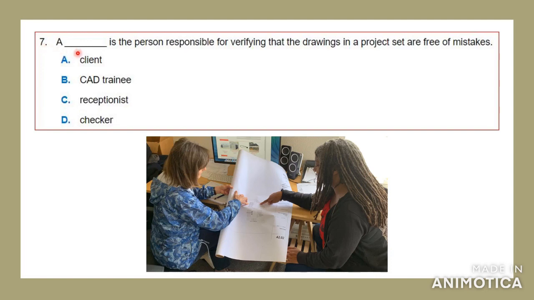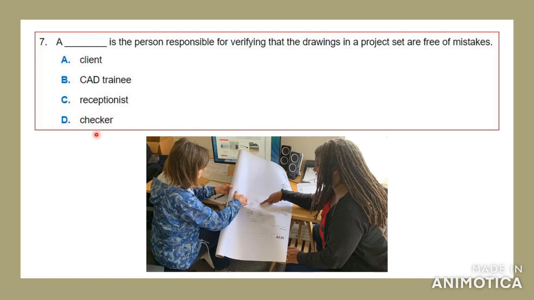As you can see here, the lady is showing the other lady the drawing and what is wrong or what is right or what can be changed and so on. So that person is called a checker. They check to see if everything makes sense, everything is right, before the drawing goes to the contractor on the site.